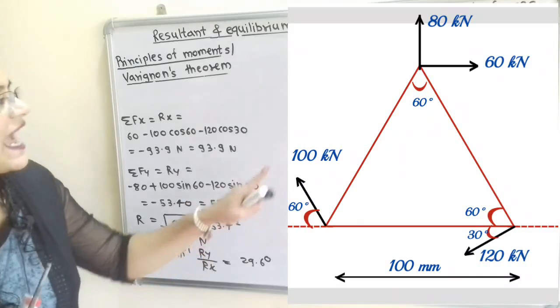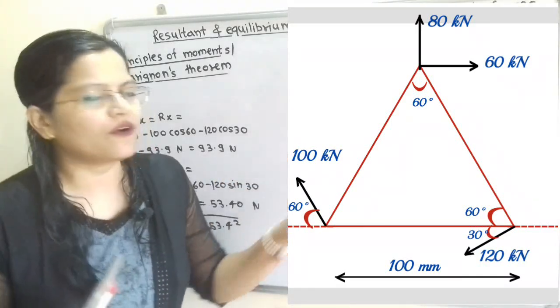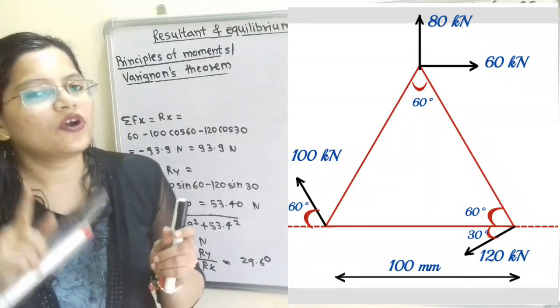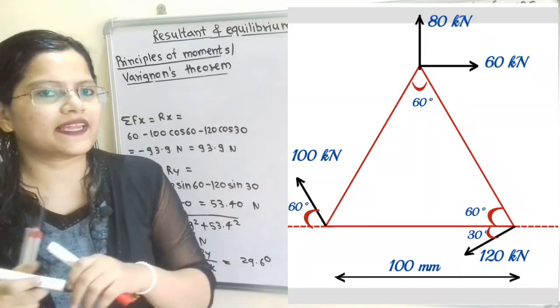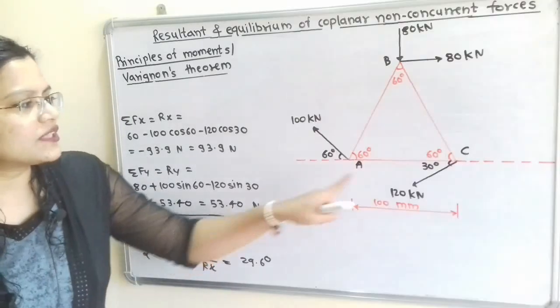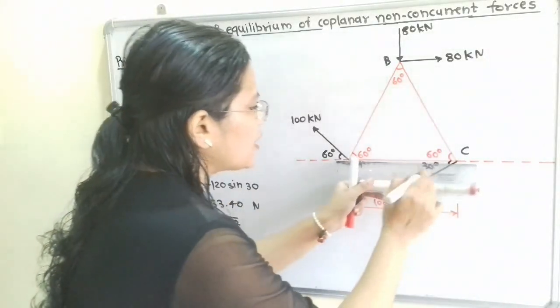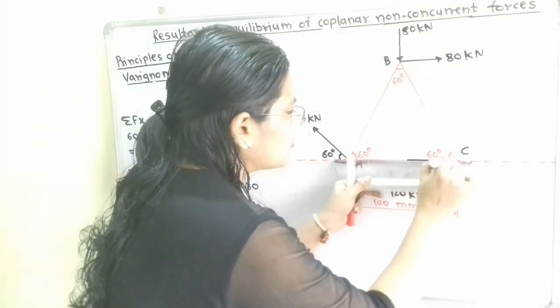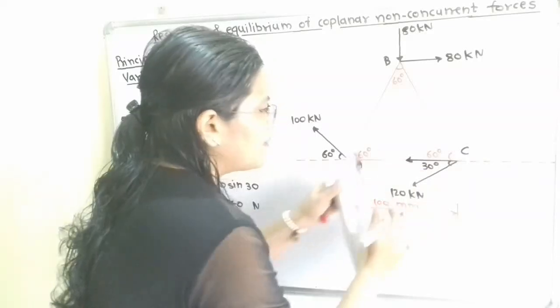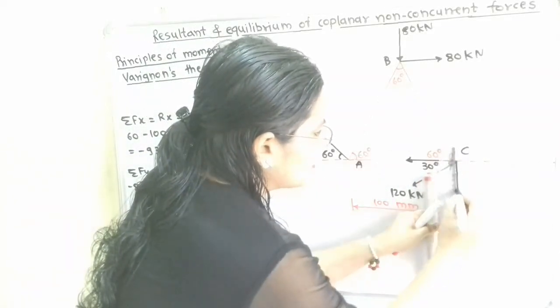For that we have to resolve these inclined forces into two components, a horizontal component as well as a vertical component. The angles are mentioned in the diagram. For this 120 kilonewton force I will draw a horizontal component and a vertical component.